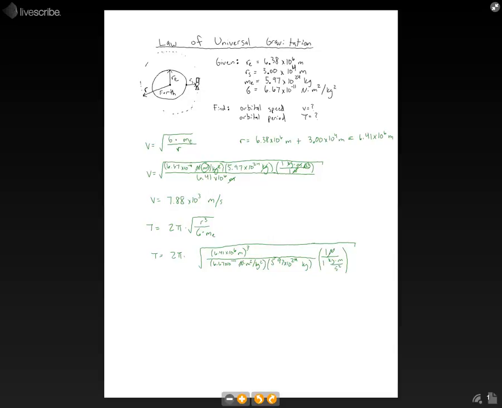We have newtons on top and newtons on bottom. We know we have meters cubed on top, so we should be able to find that on the bottom. Once we cube the radius, we have to find meters cubed in the denominator as well.